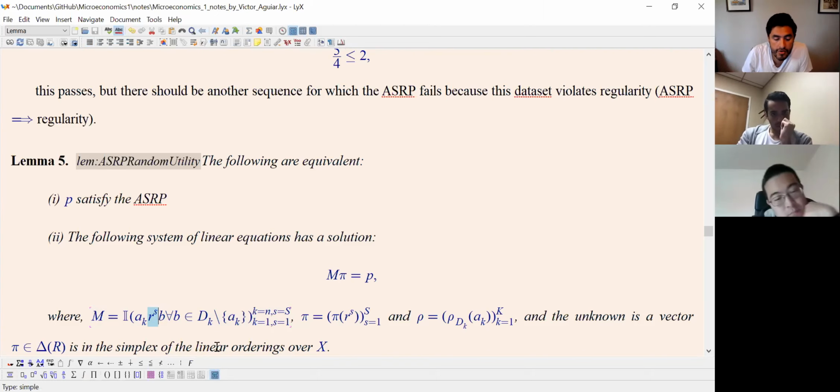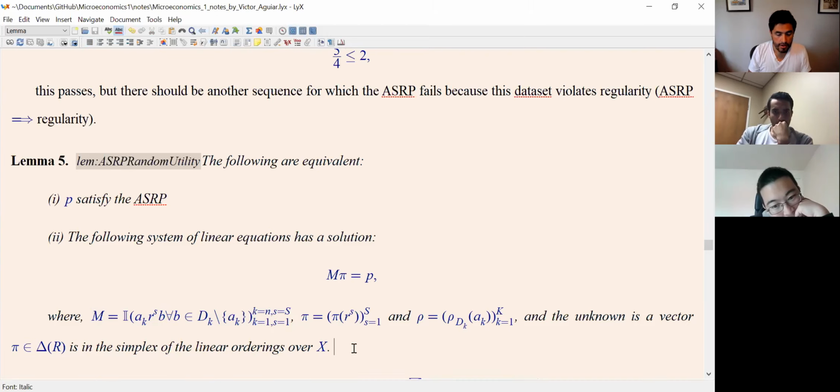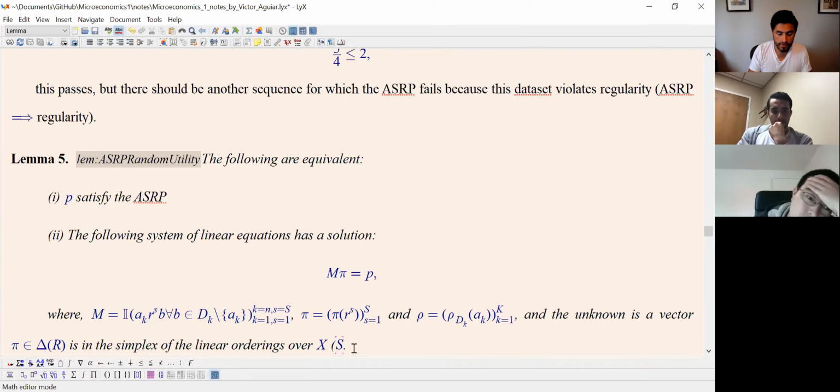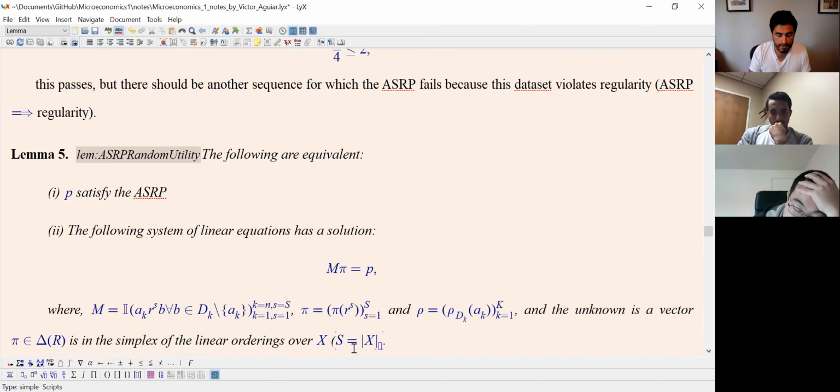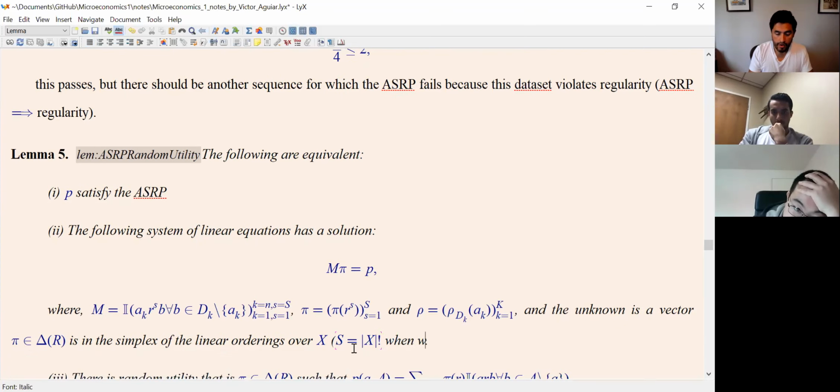Each column in this matrix is a preference type, so S goes from 1 to capital S. Capital S in general will be at most n factorial, and usually S is equal to n factorial, the size of this choice set when we assume full support.